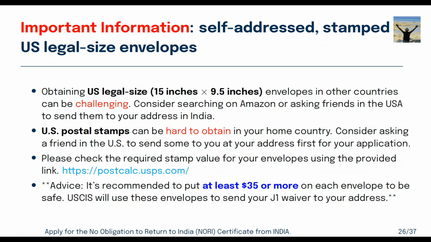It is recommended to put at least $35 or more on each envelope to be safe, right? I will give you more or less $40. Since you are using two envelopes, I recommend $40 postal stamps on each envelope, paste it and seal it; they should be the self-addressed envelopes, right? Because the US Department will not do anything else: whenever they issue or approve your case, they will send that document through your envelope, right?